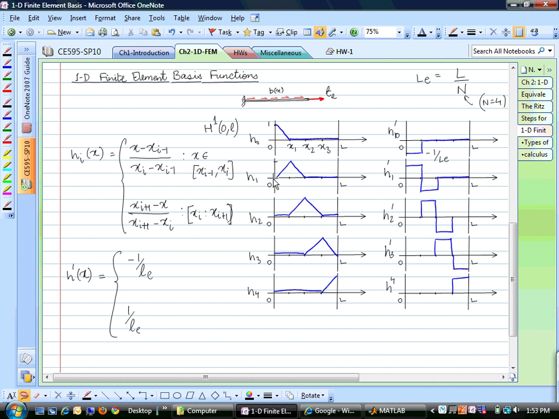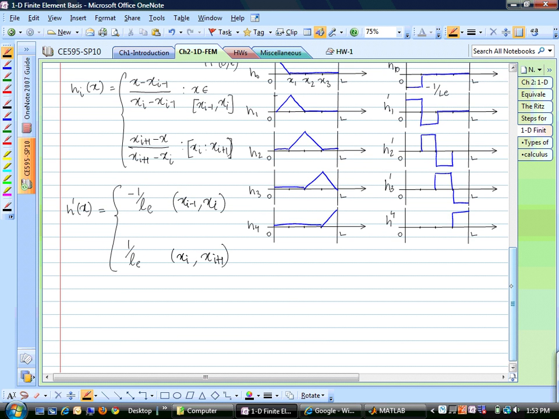So each shape function is defined over this kind of an interval. So we divided this interval into two halves, and similarly you have those two halves here also. So you have xi minus 1 to xi and xi to xi plus 1.